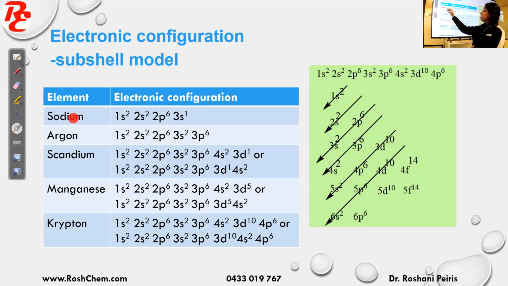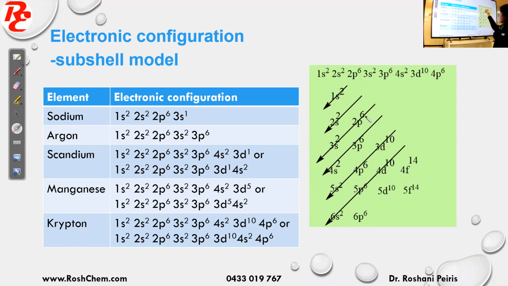Right, now we will write sodium. We know sodium is 11. So how do you make 11 electrons? I can do 1s2. Count the top numbers, because the top numbers show the number of electrons. You need to follow these arrows diagonally like this. So 1s2, then 2s2, 2p6. Count these top numbers: 2, 4, and that's 6.